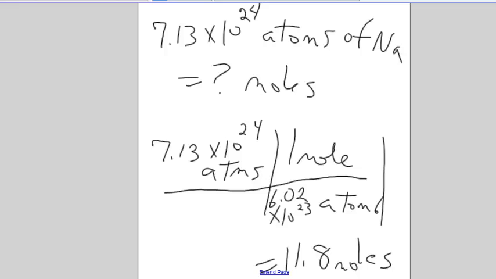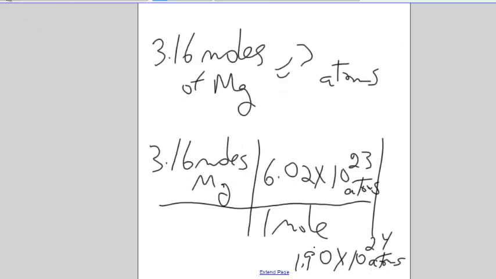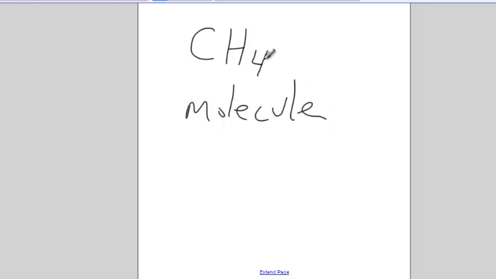Now, of course, I can make this more complicated. Instead of atoms, I could have molecules. All these things that we just finished naming. Methane, CH4. Now, this is not an atom. This is a molecule. But the math is exactly the same.